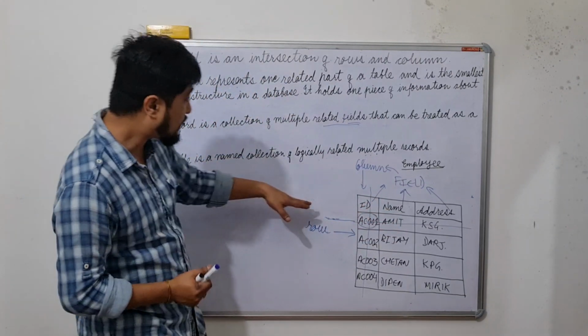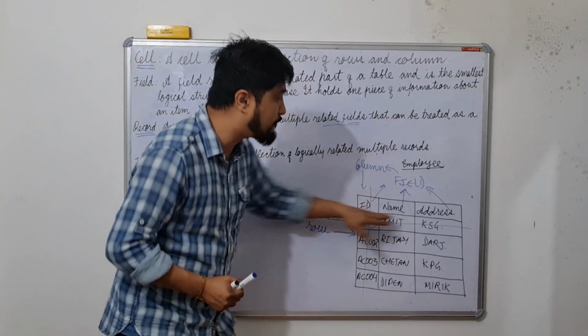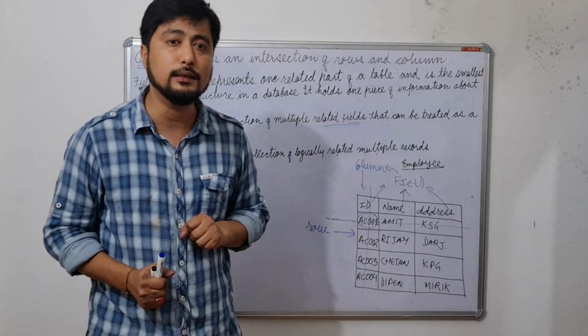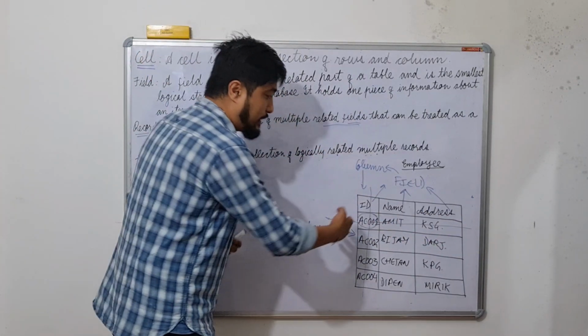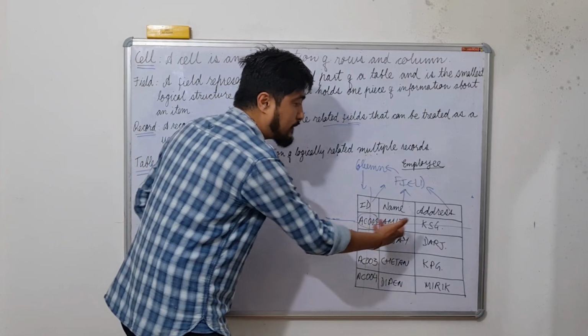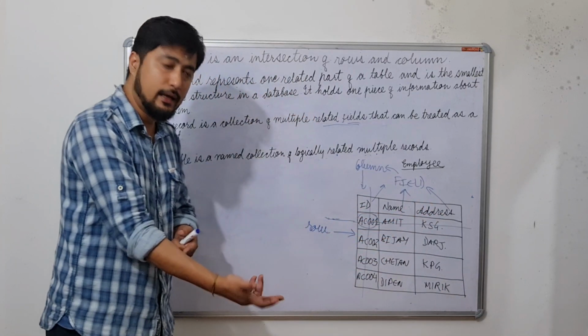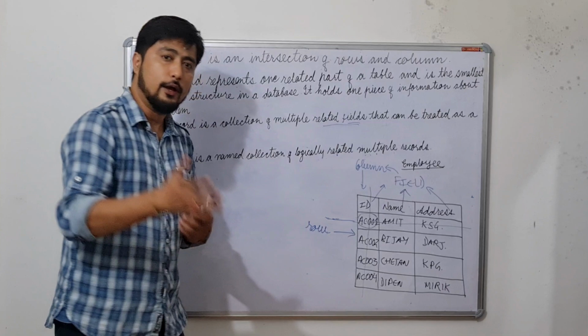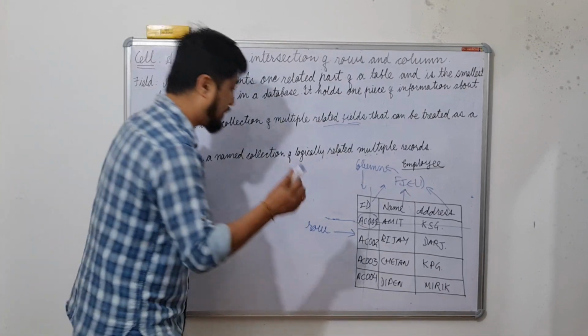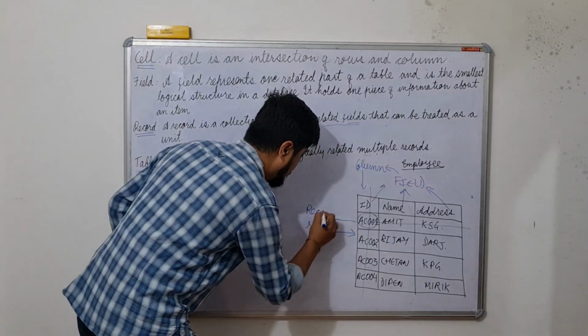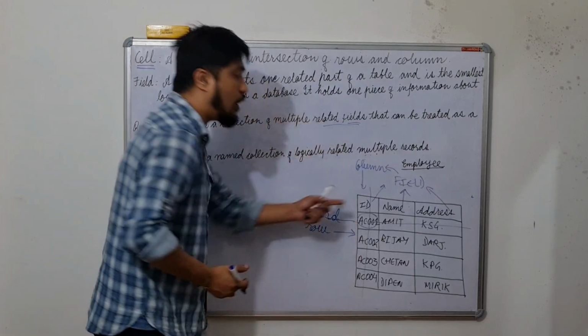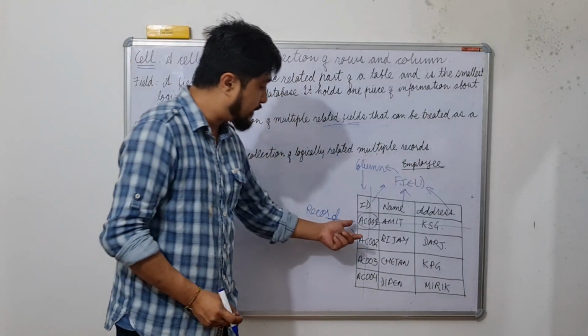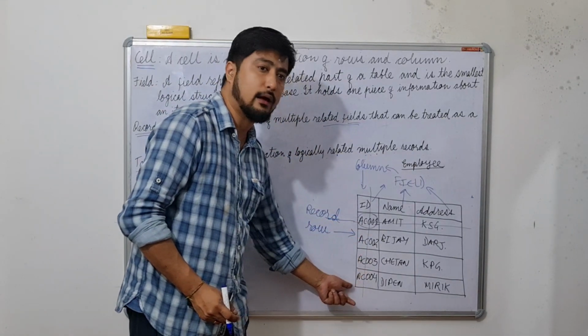See this record. Each and every row represents a record. In each and every row, the fields are interrelated with each other. So how many records are there? There are 4 different records.